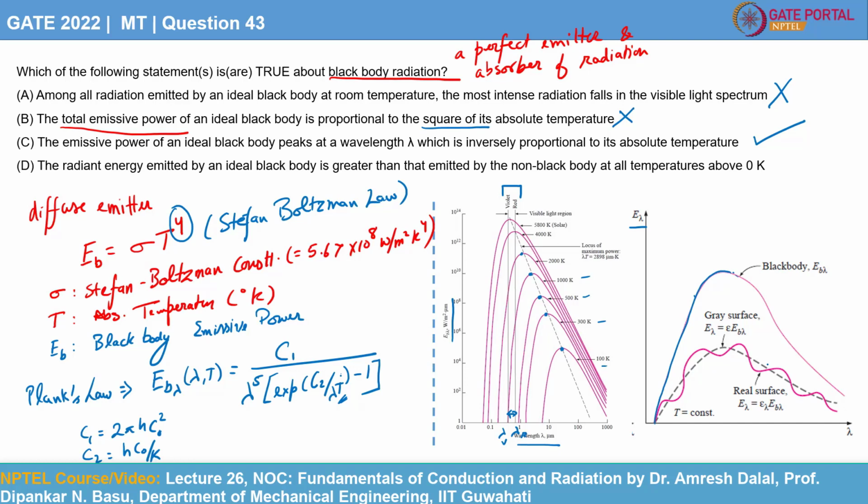What does it mean? It means that at any temperature, a black body will always emit higher energy as compared to a real surface or a non-black surface. So the last statement also is true. So options C and D are correct.